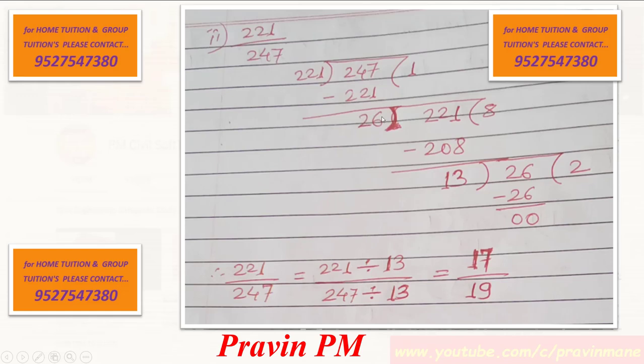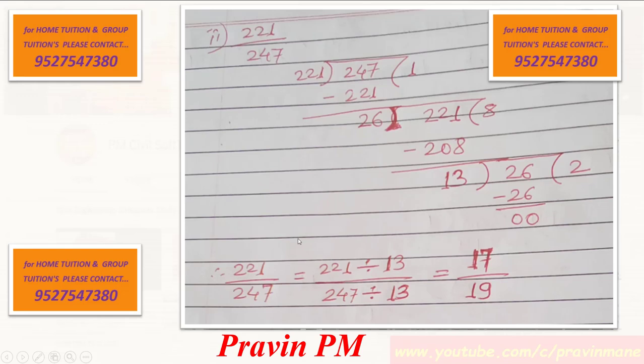Now make this 26 the divisor and 221 the dividend. 26 8s are 208. So the remainder will be 221 minus 208, equal to 13. Now make 13 the divisor and 26 the dividend. So 13 2s are 26, and the remainder will be 0.